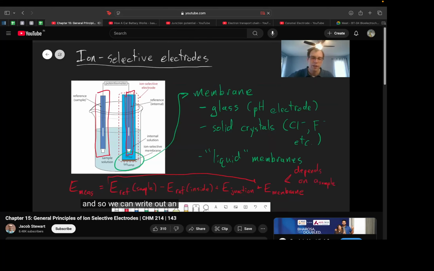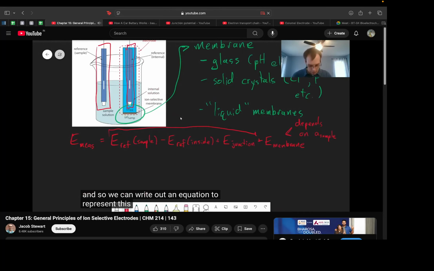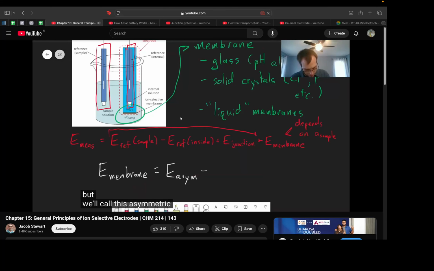And so we can write out an equation to represent this. E membrane will be equal to some, now we don't have a standard potential for the membrane, but we'll call this E asymmetric, minus, and we can write out the next term, 0.05916 volts divided by n.